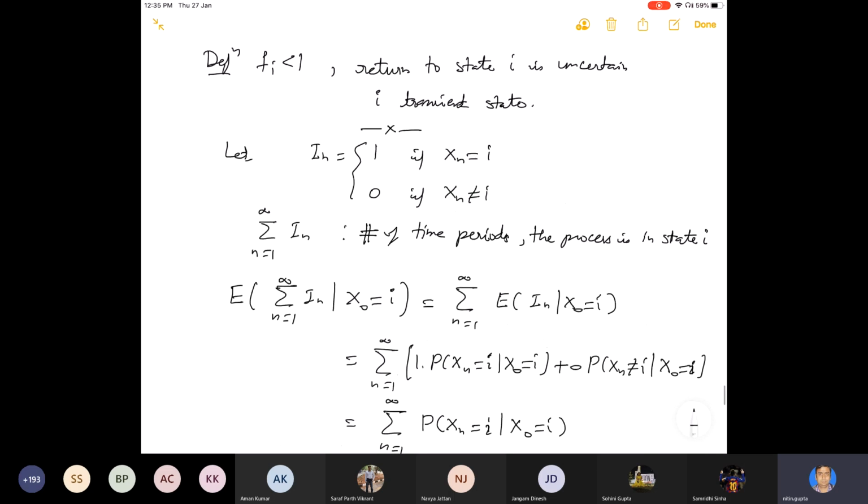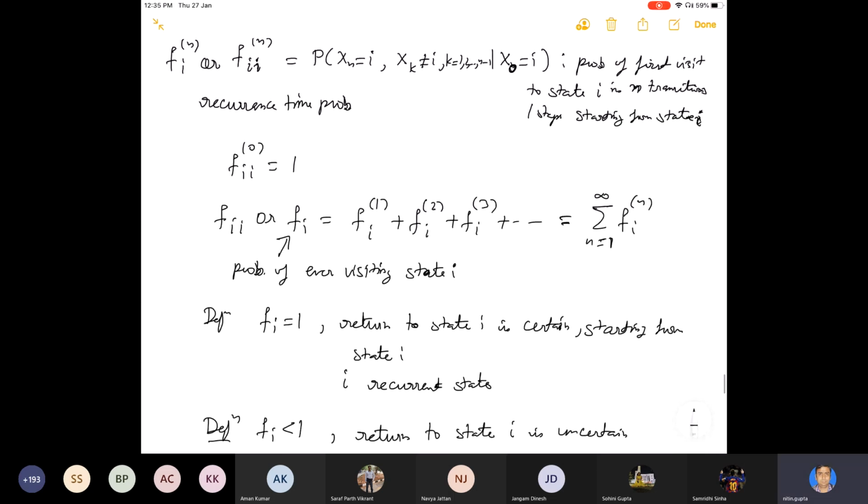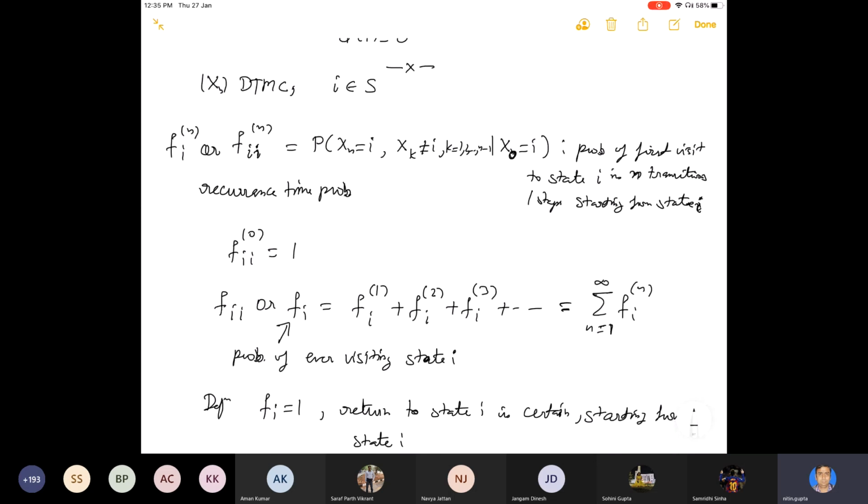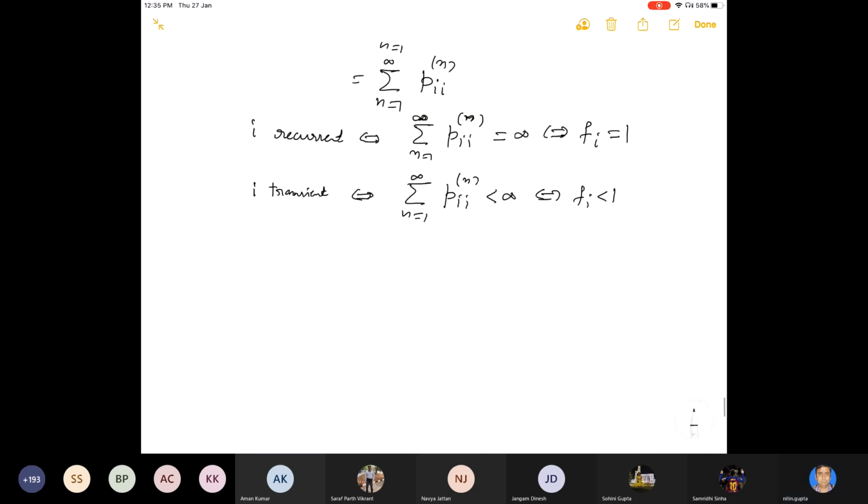It should be noted that F_i is the probability of first visit to state I, whereas P_ii^n is the conditional probability that x_n is equal to I given x_0 is equal to I. These are also conditional probabilities, but F_i is the probability of ever visiting state I: first visit plus second visit plus third visit and so on.